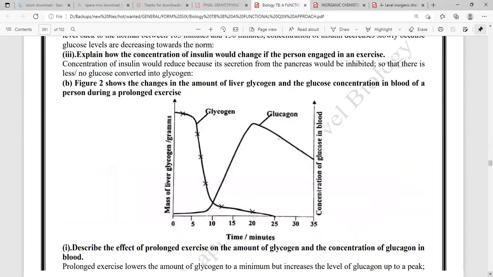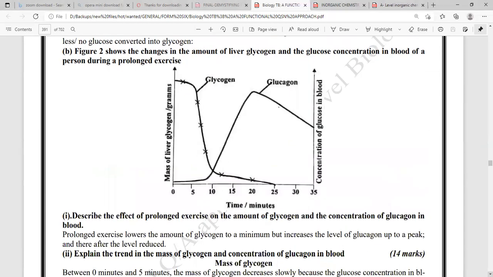We have another question. Figure 2 shows the changes in the amount of liver glycogen and the concentration of glucagon in blood of a person during prolonged exercise. We are looking at the vertical scale, the mass of liver glycogen in grams, and on the right-hand side, we have the concentration of glucose in blood.